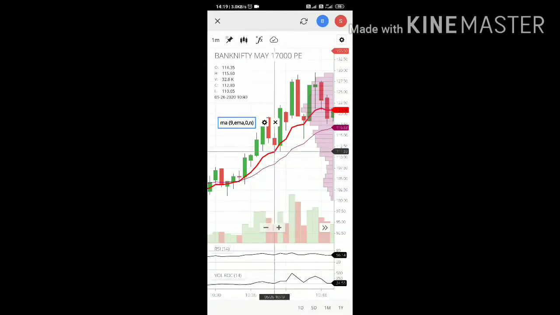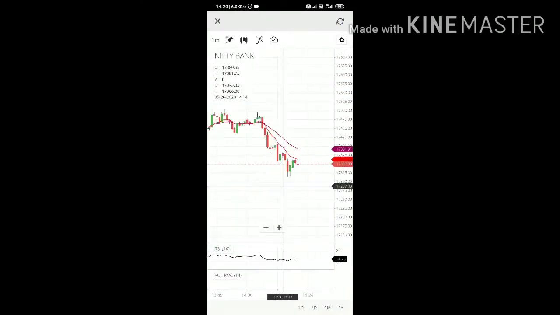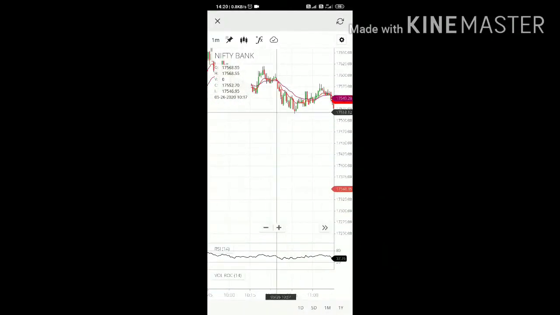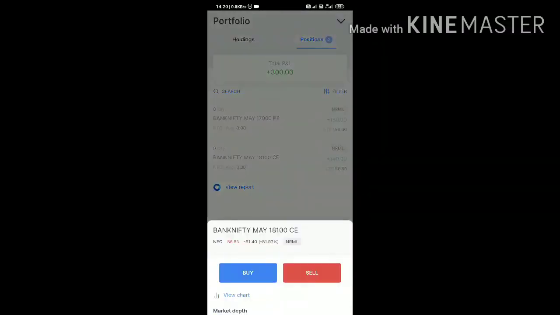We exited around 114 at this level, and within 3 minutes we could have hit our target, which was at 121. That time we could have booked a profit of 15%, but the volatility of the market is very high, so you can't be sure about your target.